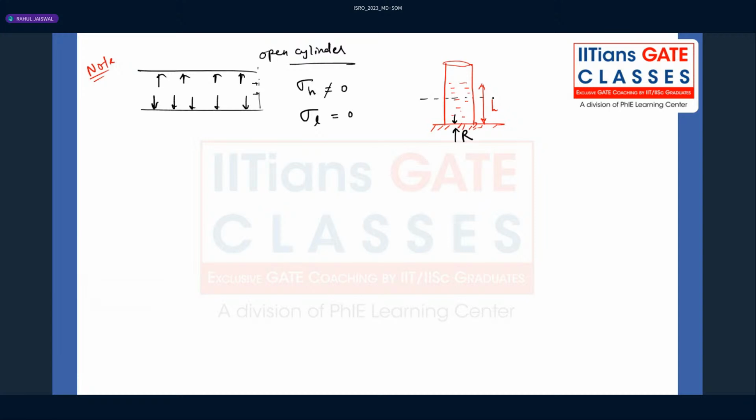So there is no net force which will cause this plate to be resisted in the longitudinal direction. So there is no resistance required in the longitudinal direction. So again it is zero, but hoop stress will not be zero. So note number 1 and note number 2.